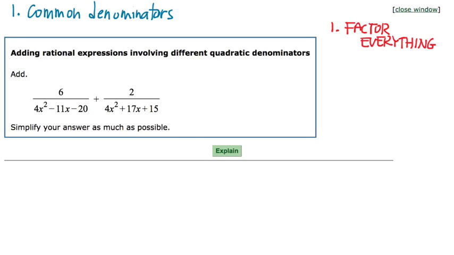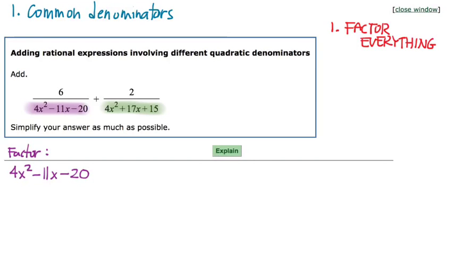So what that means is that I want to take each of these denominators, 4x squared plus 17x plus 15, and also 4x squared minus 11x minus 20, and I want to factor each of them to get us started. In each of those cases, because we have a quadratic trinomial, what's the strategy that we should be thinking about for how to factor something like 4x squared minus 11x minus 20?